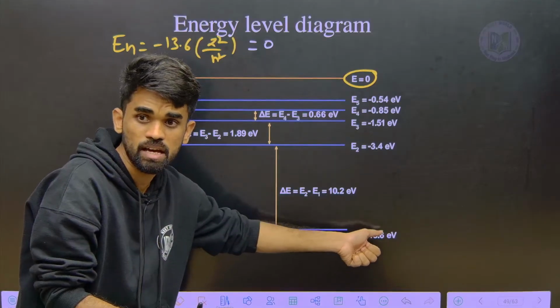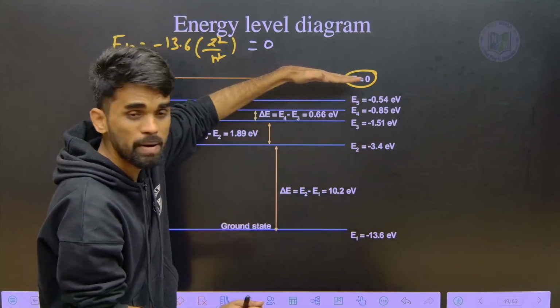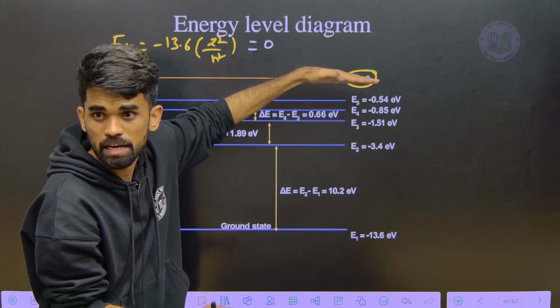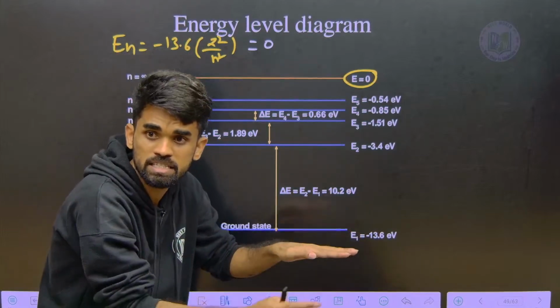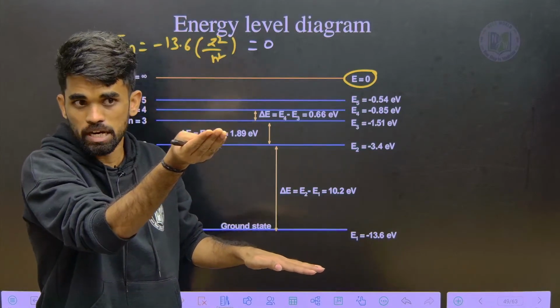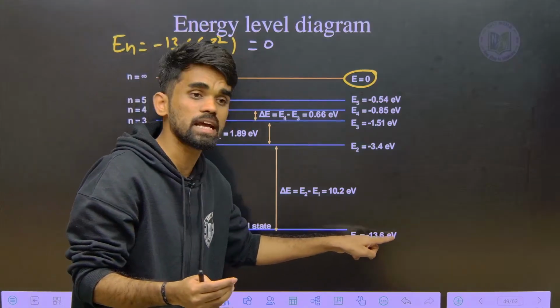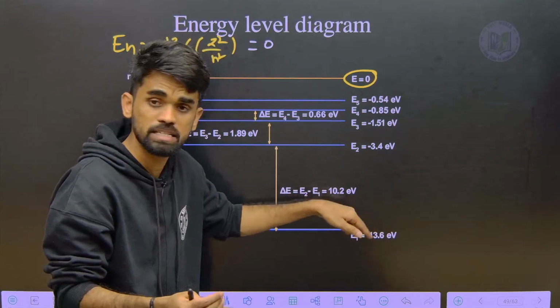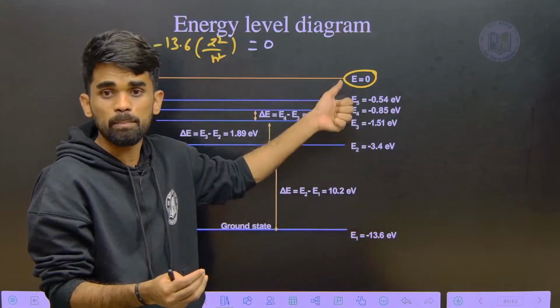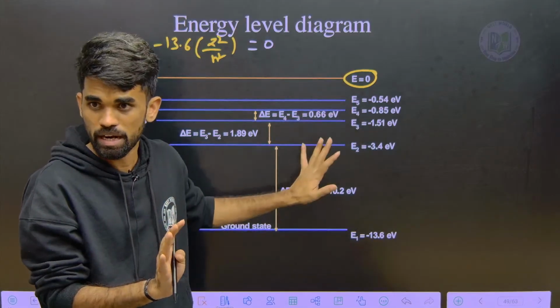This is the lowest energy when we compare with the independent electron. The lesser the energy, the more its stability. So minus 13.6 electron volt is the energy lowered when we compare with the independent electron.